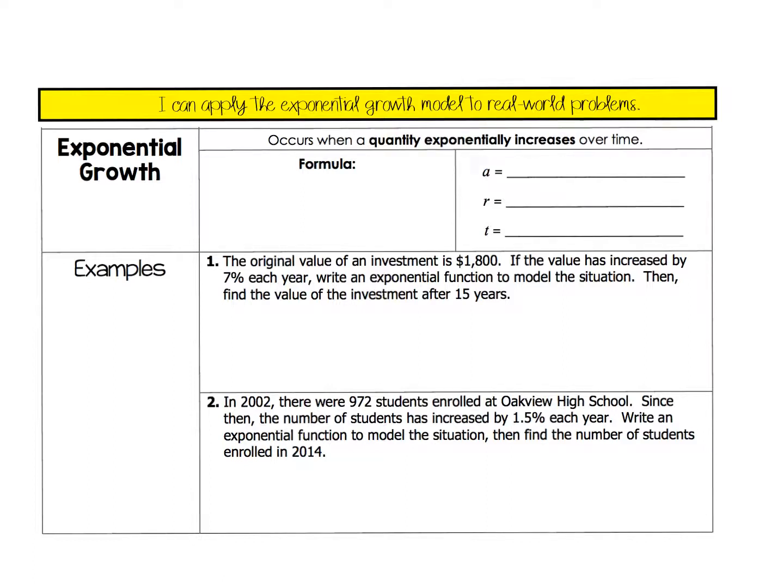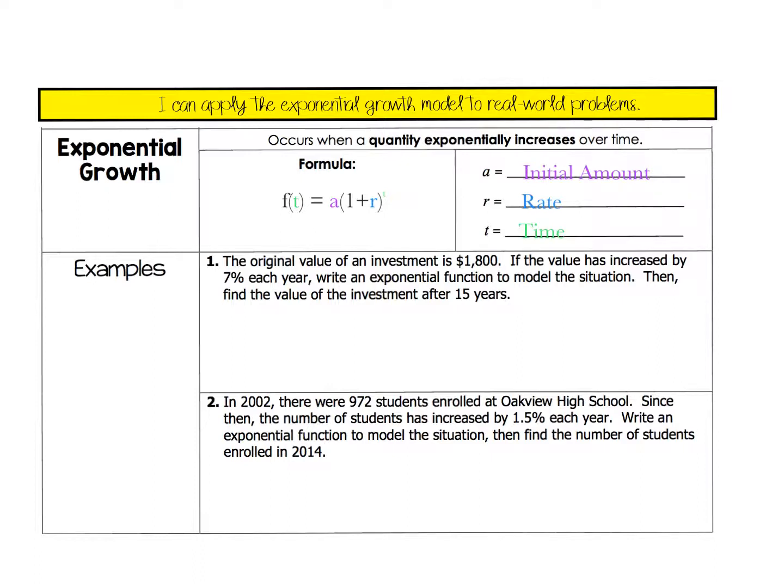So the exponential growth formula is a function of time, so f of t, where t represents the time, is going to be a, which is my initial amount, times 1 plus r. And the reason that it's plus r is because we're talking about growth. So 1 as a decimal is the equivalent of 100%.